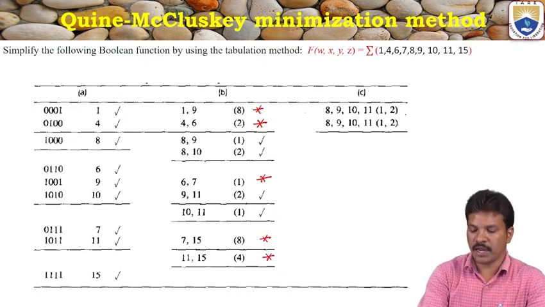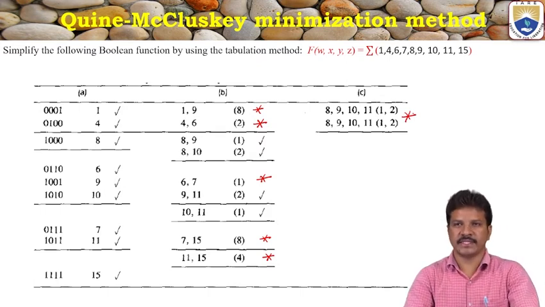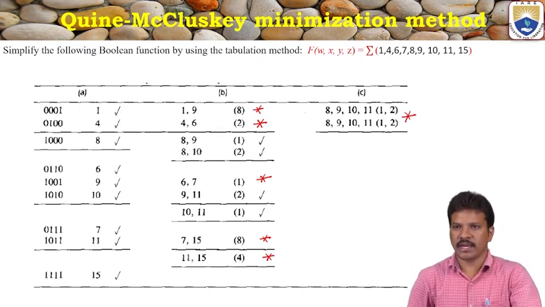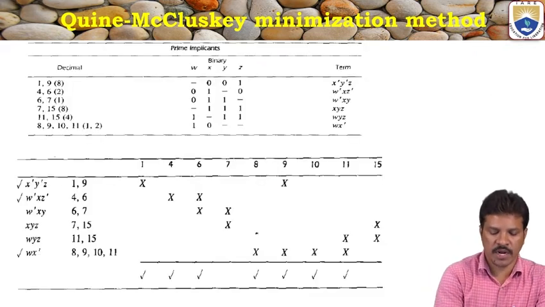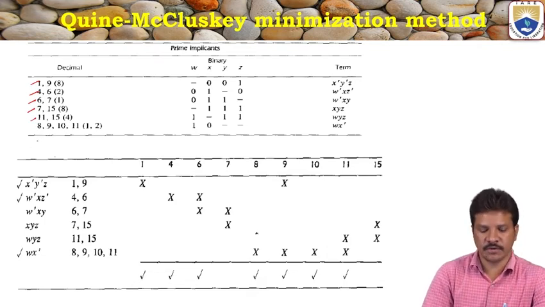This is the same, 8, 9, 10, 11. So 1. So the total is 6 prime implicants. What are those 6 prime implicants? We can see here: 1, 9; 4, 6; 6, 7; 7, 15; 11, 15; 8, 9, 10, 11. These are the 6 groups.